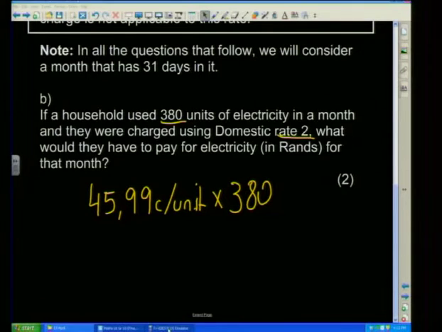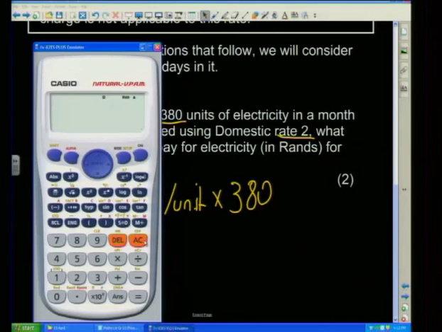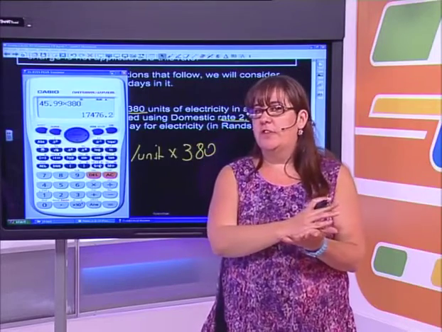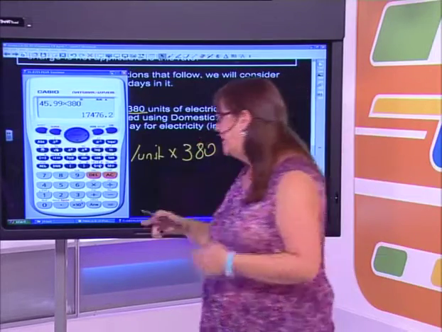So our calculator out. Right, I had 45.99 cents times 380. And I get an answer of 17476.2. Now, I know from earlier that I needed to convert that to rands. So I'm actually going to do it in one step now.